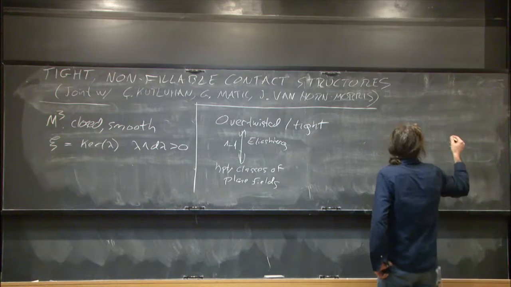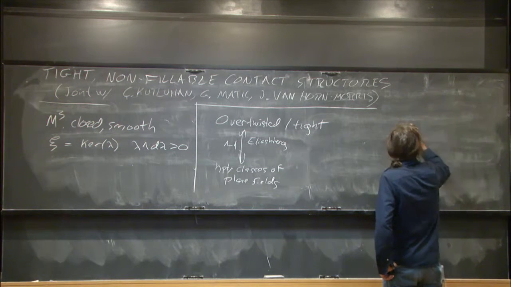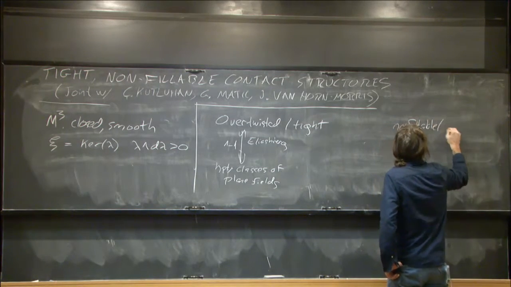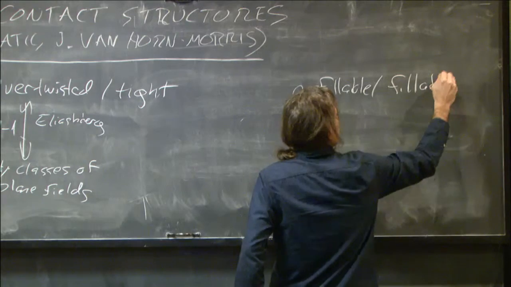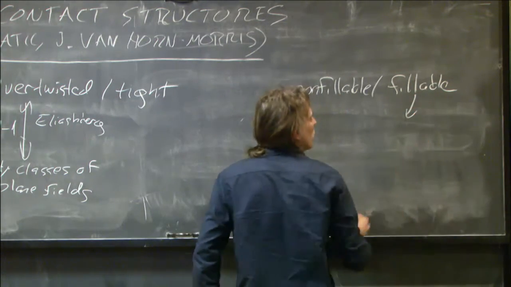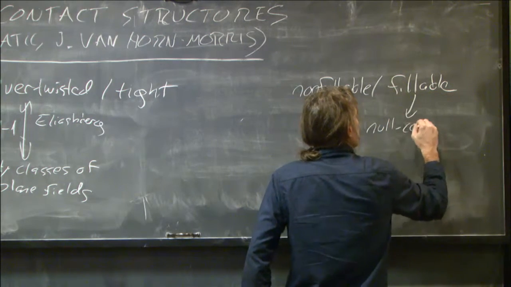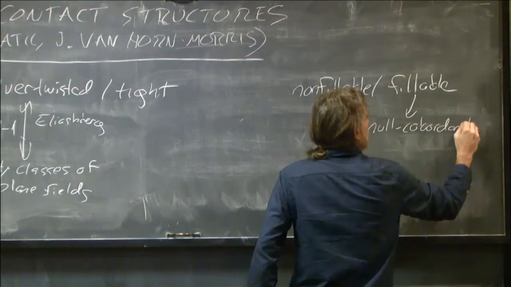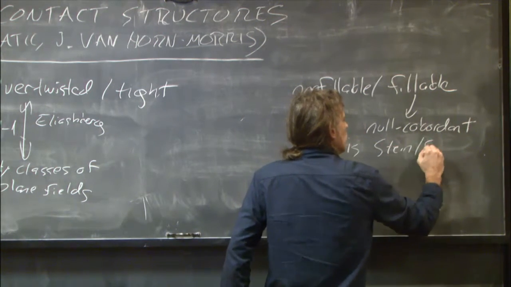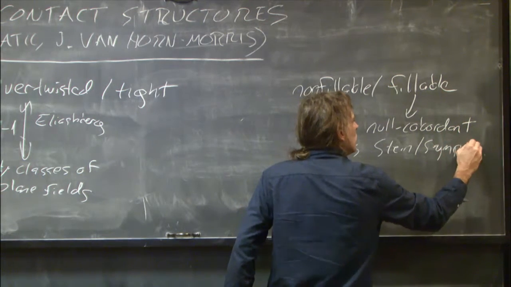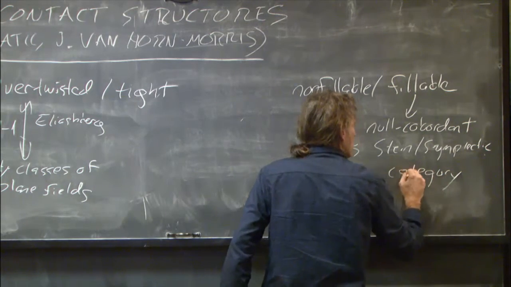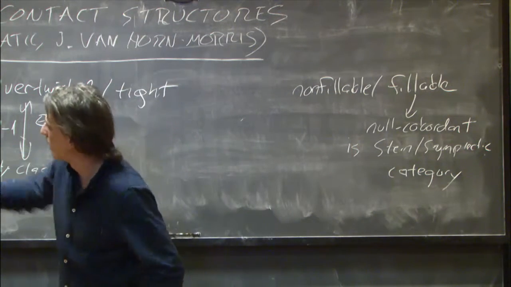And sort of on the other end of the spectrum, we have this dichotomy between things that are non-fillable and fillable. Where fillable here means that you're null cobordant in your favorite geometric category, which is usually Stein or symplectic. Which means that you're the bottom end of that picture over there.